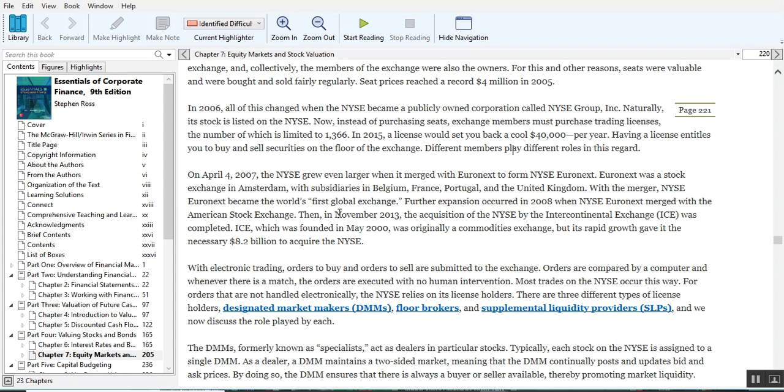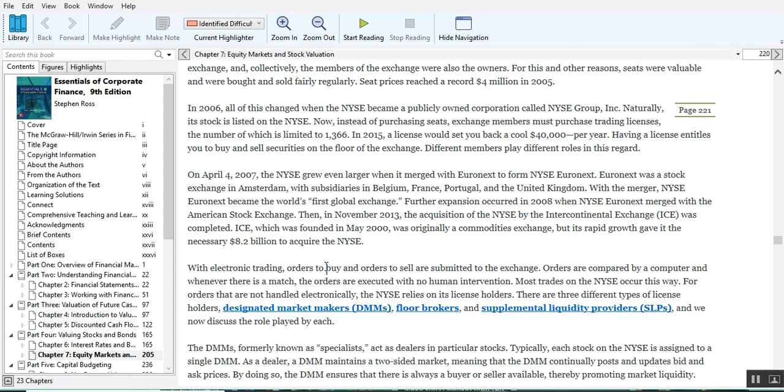They merged with them, and they became even bigger, then Intercontinental Exchange acquired the New York Stock Exchange for $8.2 billion. I cannot imagine that much money. But that's November of 2013. They purchased the New York Stock Exchange.